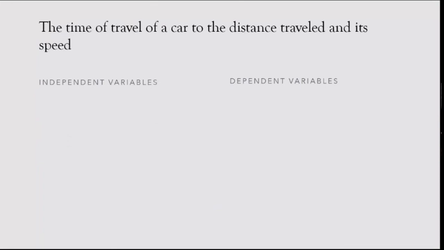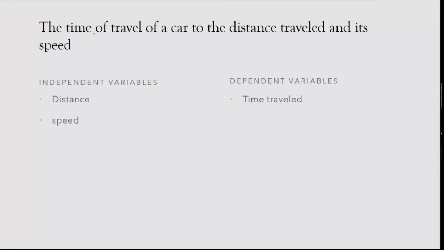Okay? So, the other one is the time of travel of a car to the distance traveled and its speed. So, yung time traveled naman. So, again, the independent variable is the distance traveled and the speed. And the other one, the dependent variable here, is the time. Okay, so kanina we are also pertaining to distance, speed, and time. So pwede sila magbali-baliktad depending on the word that was related to them.